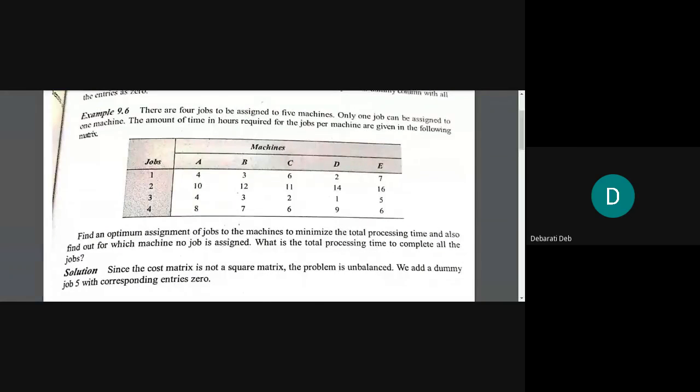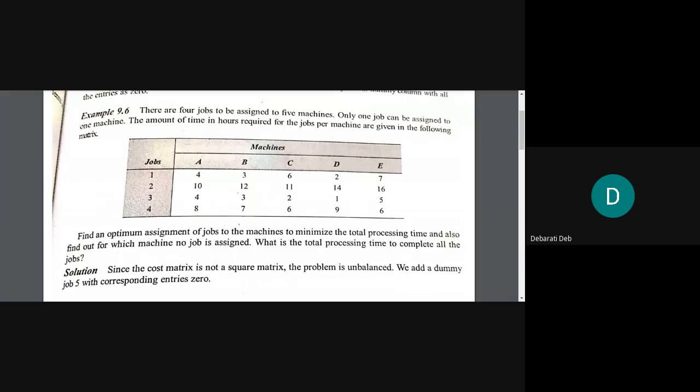Okay, and I hope you have finished writing. See, you are asked to find out the minimum total processing time, and also you have to find out which machine is going to remain vacant, to which machine no job is going to be assigned. See, there are 4 jobs but 5 machines.